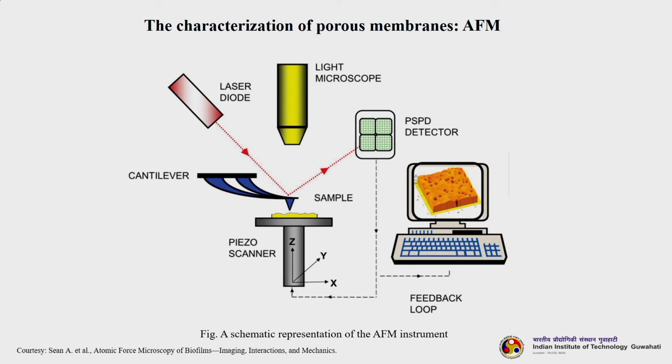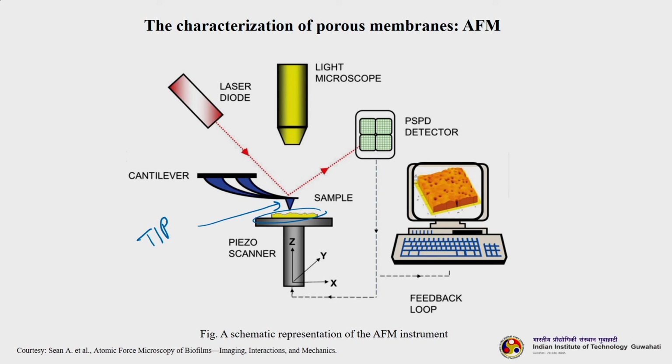This is how the AFM instrument works. There is a laser diode, and this is the cantilever which is holding the tip I was talking about, and this is your sample. The tip is scanning the surface of the sample.